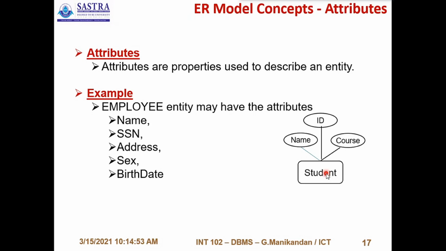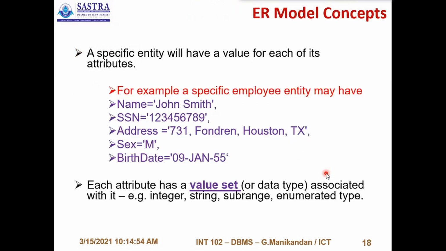How to further explore? Each and every entity is going to have some properties. How to represent the properties associated with the entity? You can use the concept called attributes.